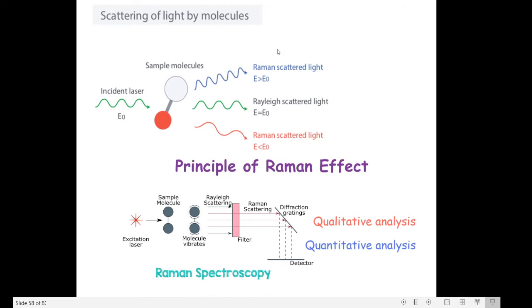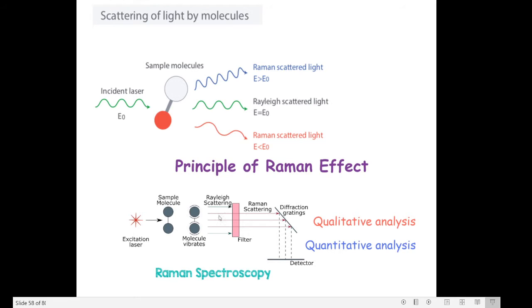Why I have mentioned this image is that scattering light microscopy works with the light scattering of the molecule, and this effect helps Raman spectroscopy. In Raman spectroscopy, they pass laser light to the molecule.